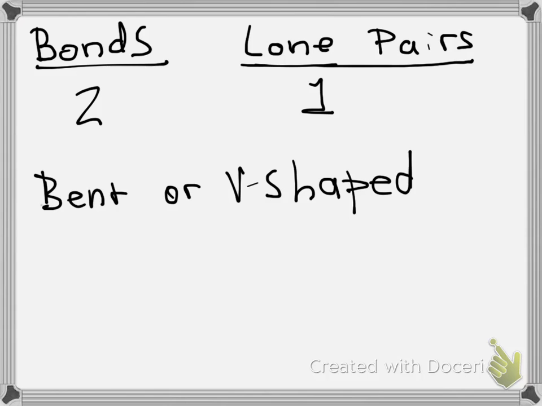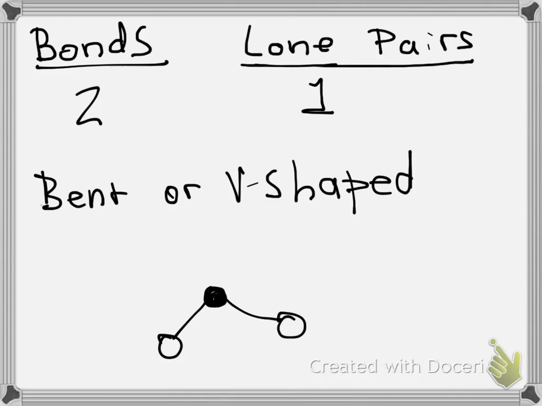So the next one that we have is one that has 2 bonds, and our first one that has lone pairs. And this one is actually called bent or V-shaped, not the one before this. And this one will be drawn with the central atom in the middle, and then it'll have 2 electrons coming out over here.